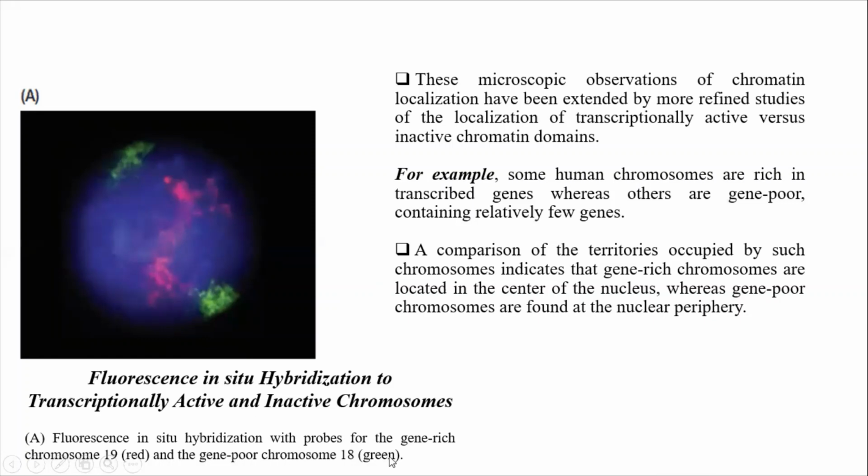The gene-poor chromosome is green, which is at the periphery. Now is it clear? No confusion? Yes, Shruti, Tanvi, is it clear or is any confusion still there? No, ma'am, it's clear. Okay, good.